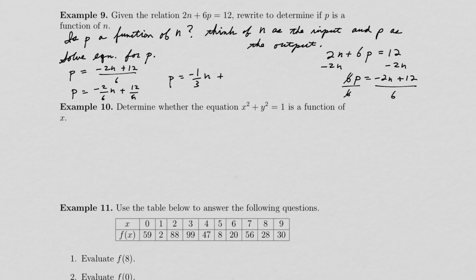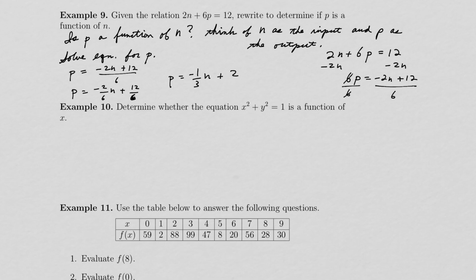Sorry, this is not an n, this is a 6 here. Let me say that again. Negative 2n plus 12 over 6 is negative 2n over 6 plus 12 over 6. So this is going to be p equals negative 1/3 n plus, and then 12 over 6 is just 2.